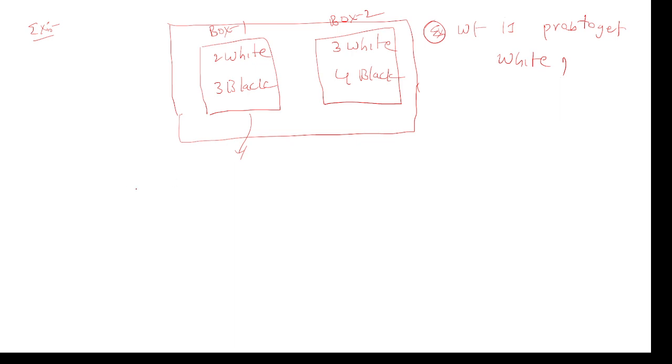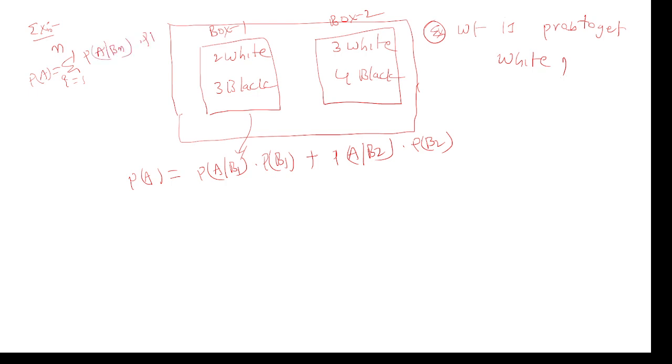So for that, using the total probability theorem, probability of A is equal to probability of A given B1, box 1, times probability of box 1, plus probability of A given B2, box 2, times probability of box 2. If one more box is there, you will get one more term, because the total probability P of A is equal to the sum from i equals 1 to n of P of A given Bn multiplied with P of Bn.